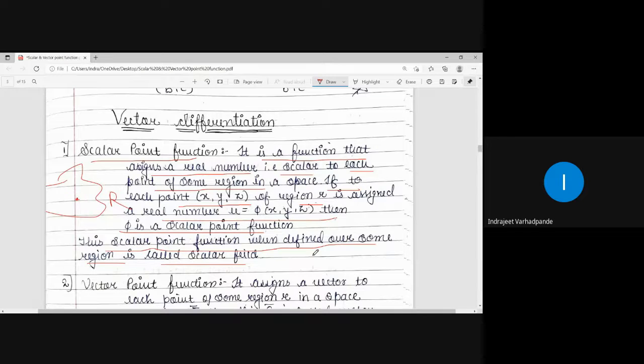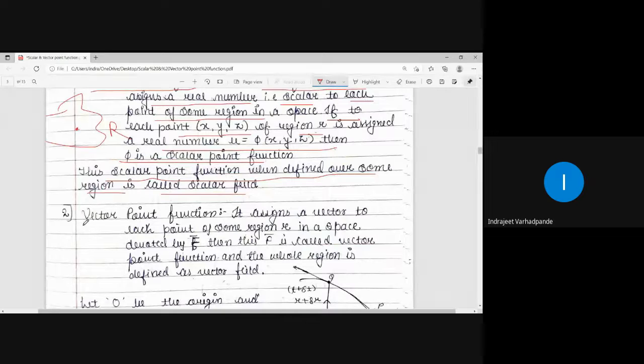On the contrary, how do we define the vector point function? It assigns a vector to each point of some region R in space, denoted by f bar. Then this f bar is called a vector point function and the whole region is defined as a vector field.